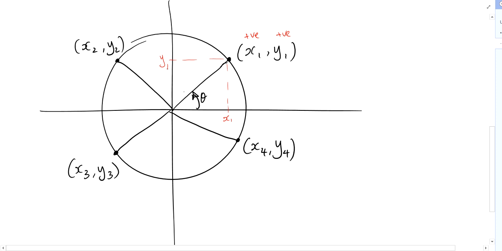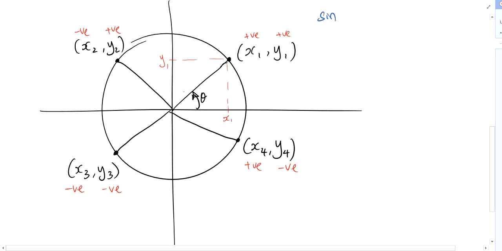What about x2? Positive or negative? Negative. y2? Positive. x3? Negative. y3? Negative. x4? Positive. y4? Negative. Good. We are all able to do this. There is no other answer. Let us look at what happens for the first quadrant.